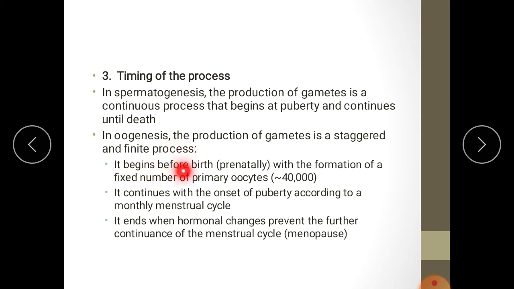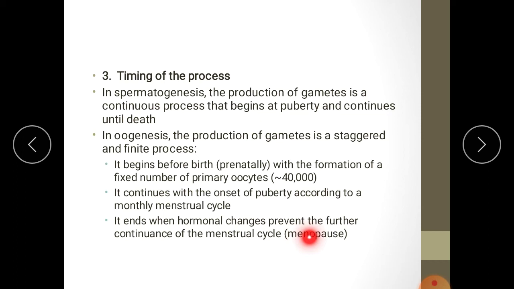It begins before birth, prenatally, with the formation of a fixed number of primary oocytes, around 40,000 in each ovary. It continues with the onset of puberty according to a monthly menstrual cycle. It ends when hormonal changes prevent the further continuance of the menstrual cycle: menopause.